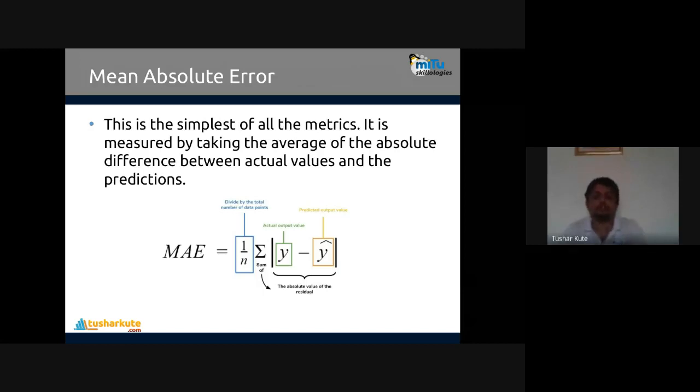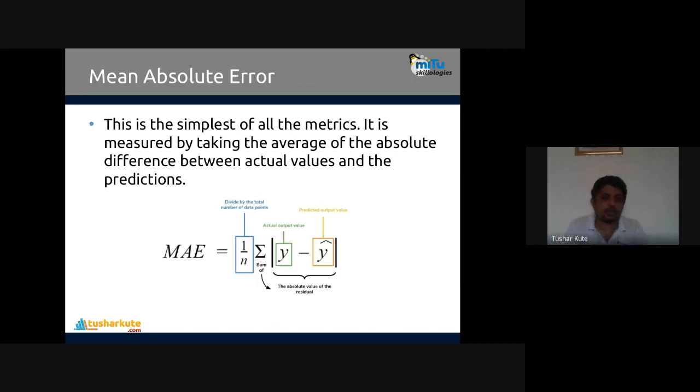The first one is mean absolute error. For regression analysis, this statistical method is used. This is a simple mathematical technique, actually the simplest of all metrics. It is measured by taking the average of the absolute difference between the actual values and the predicted values.